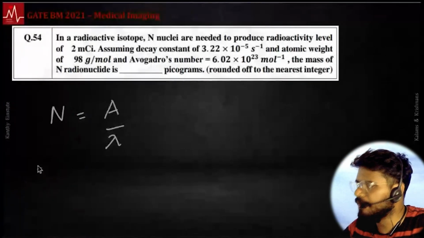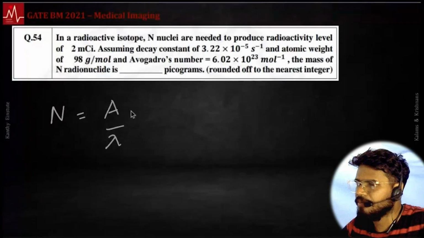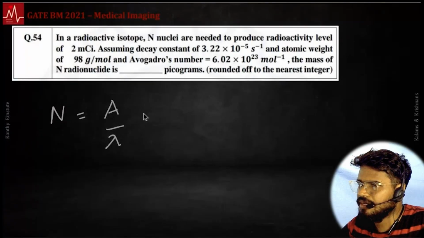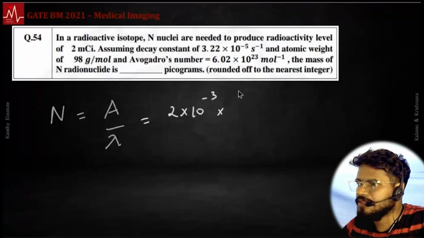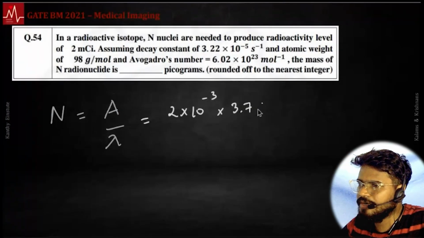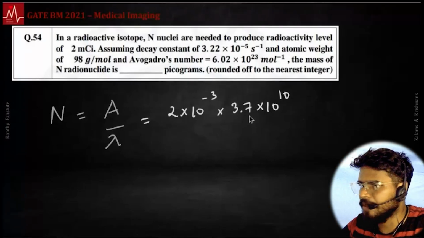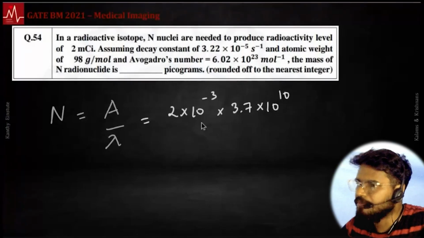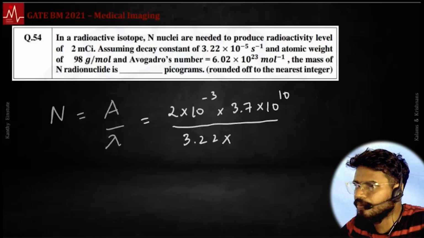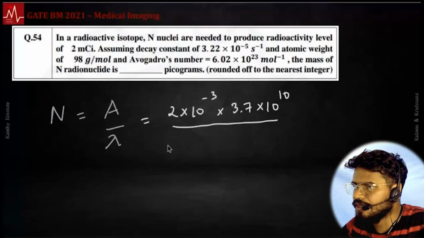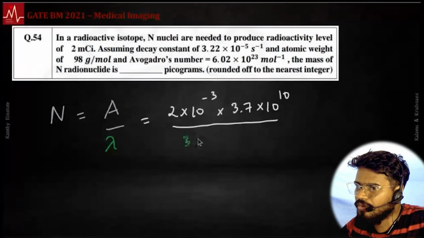Activity is 2 into 10 power minus 3 Curie. In becquerels, this will be 3.7 into 10 power 10 becquerels. That's number of particles per second. So let's divide by lambda. Per second will get cancelled. This is 3.22 into 10 power minus 5.